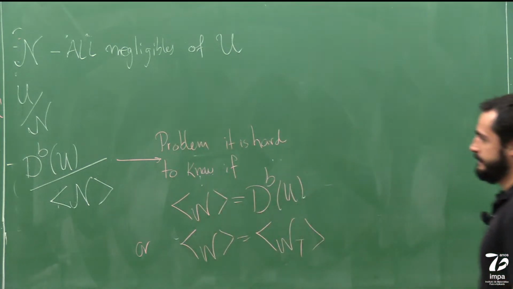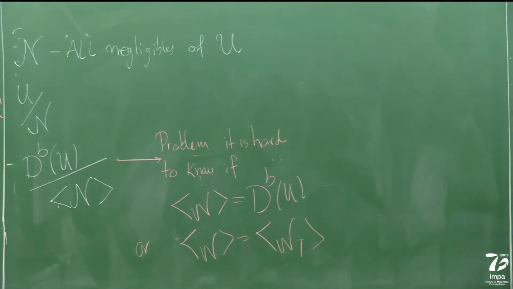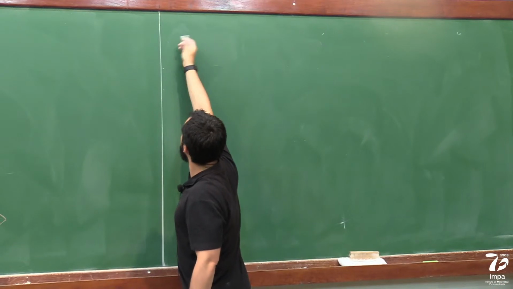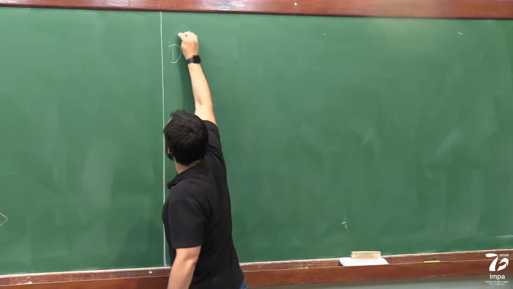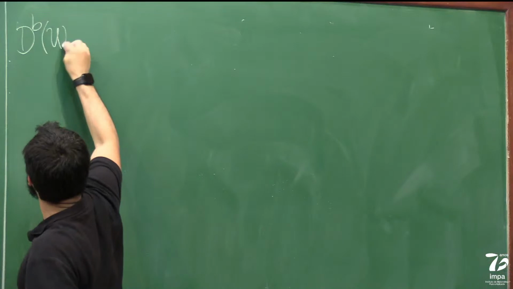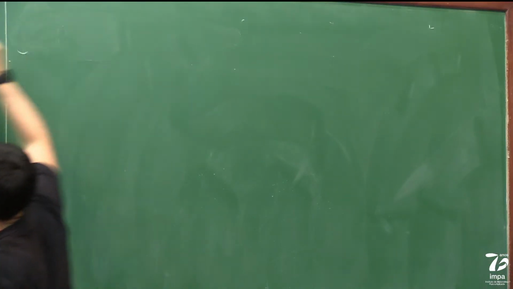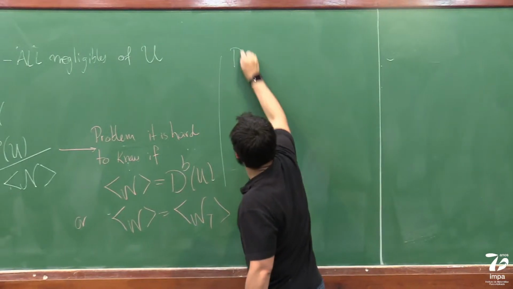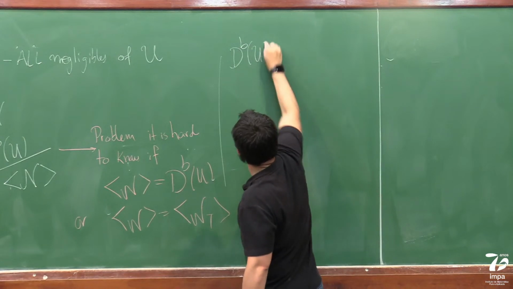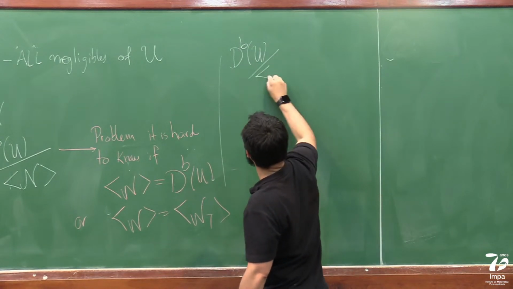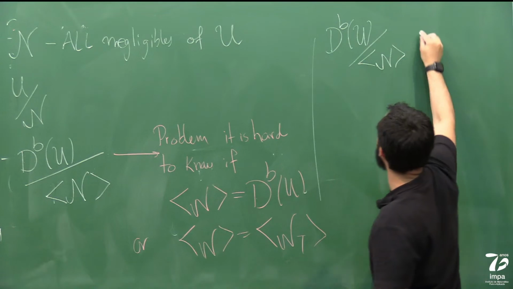In general, let's put it here, this is all the derived category modulo this ideal, when this is different from 0.